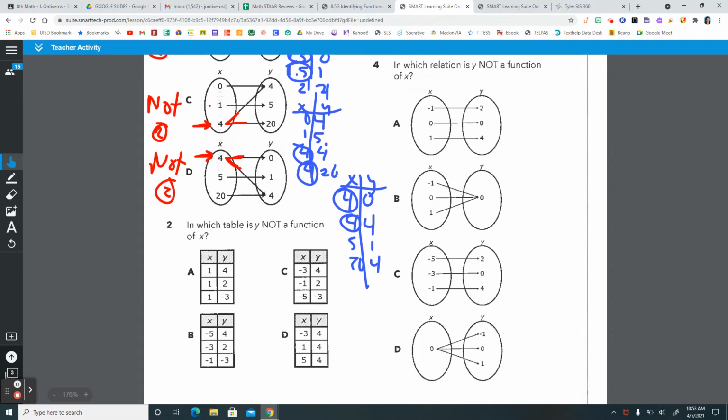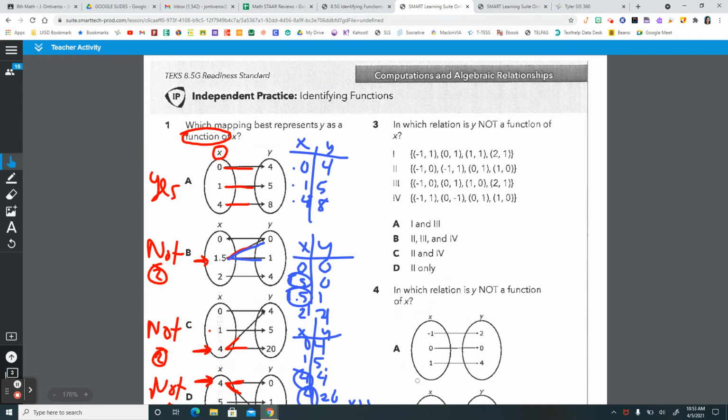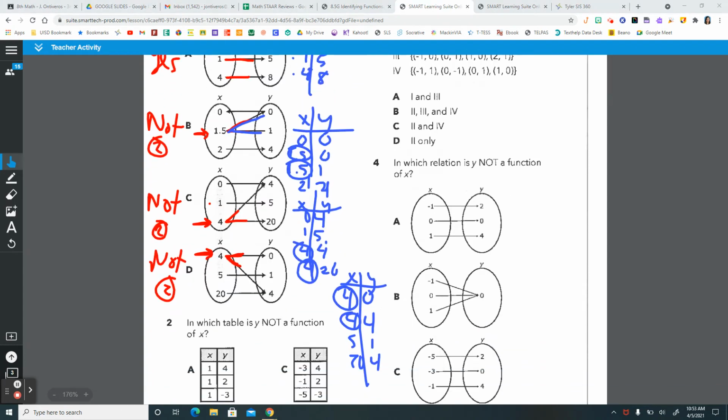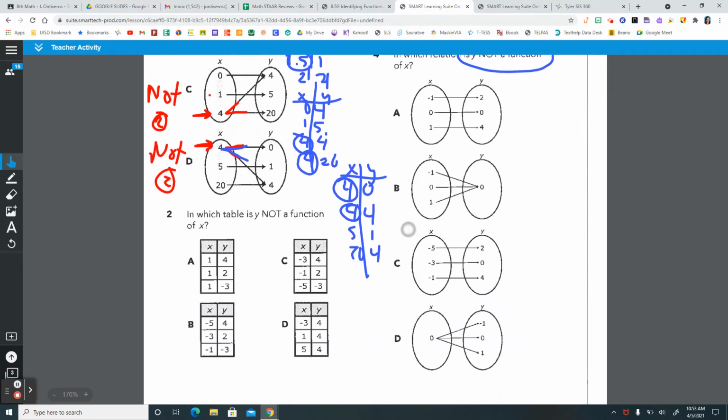For number 4, since it's exactly the same way, but now I'm looking for the one that is not a function, I'm going to choose the one that touches 2 or more lines.